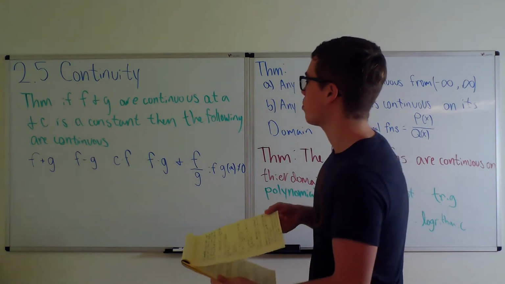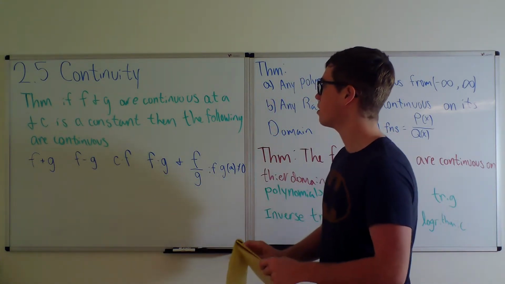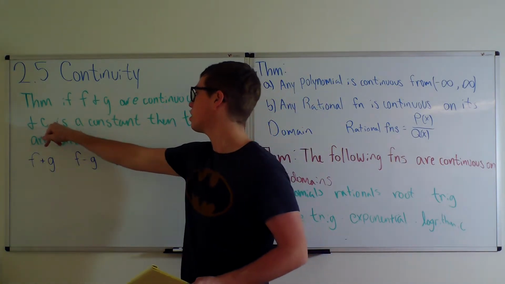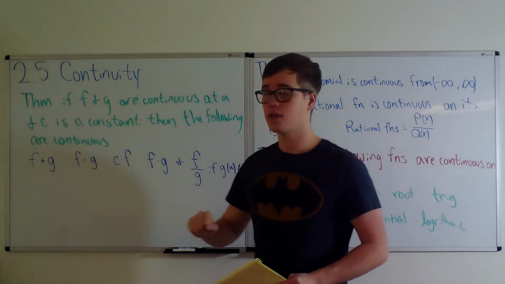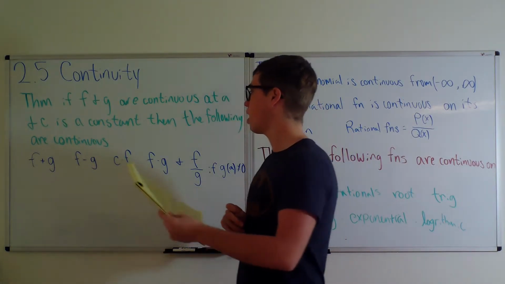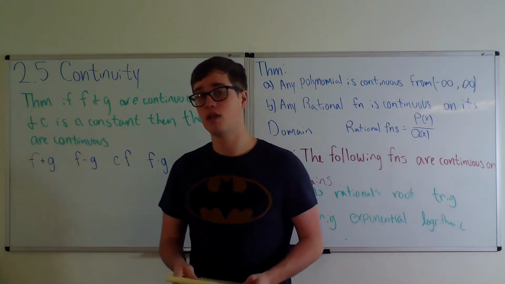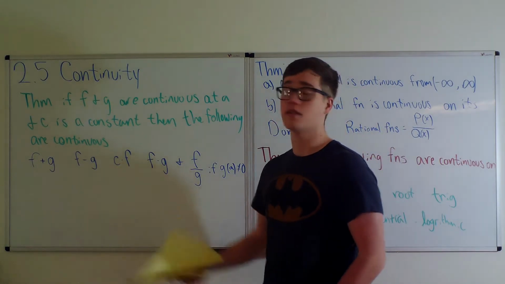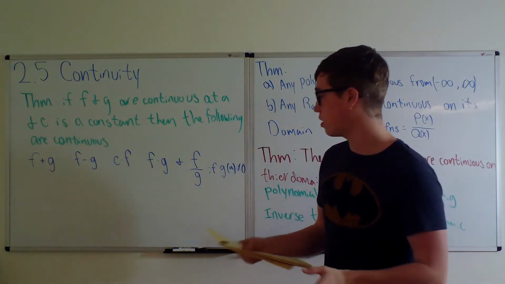So now we have a theorem. We're obviously not going to prove it, but the theorem states that if f and g are continuous at a and c is a constant, then the following are continuous. f of a plus g of a is continuous. f of a minus g of a is continuous. c times f of a is continuous. f of a times g of a is continuous.